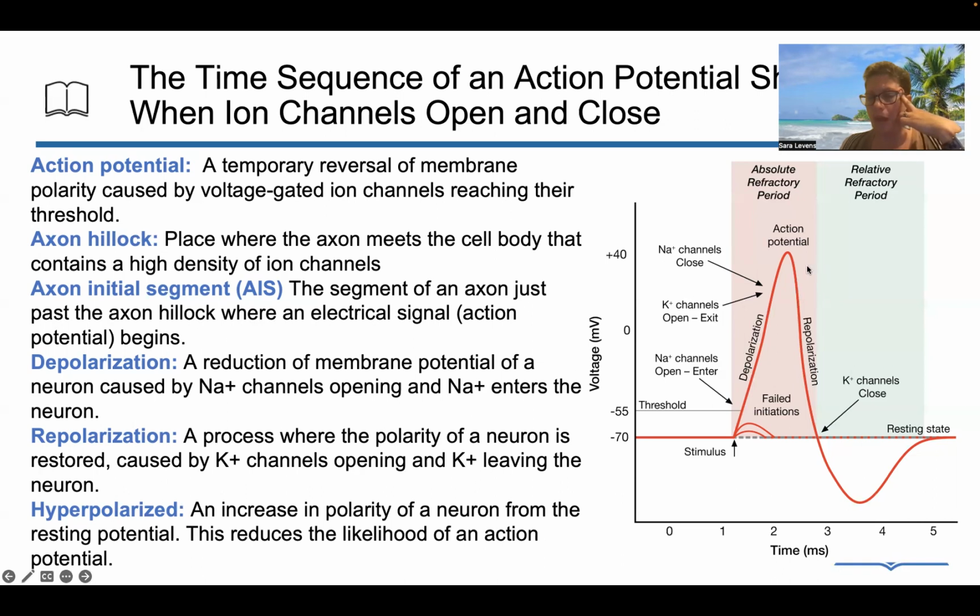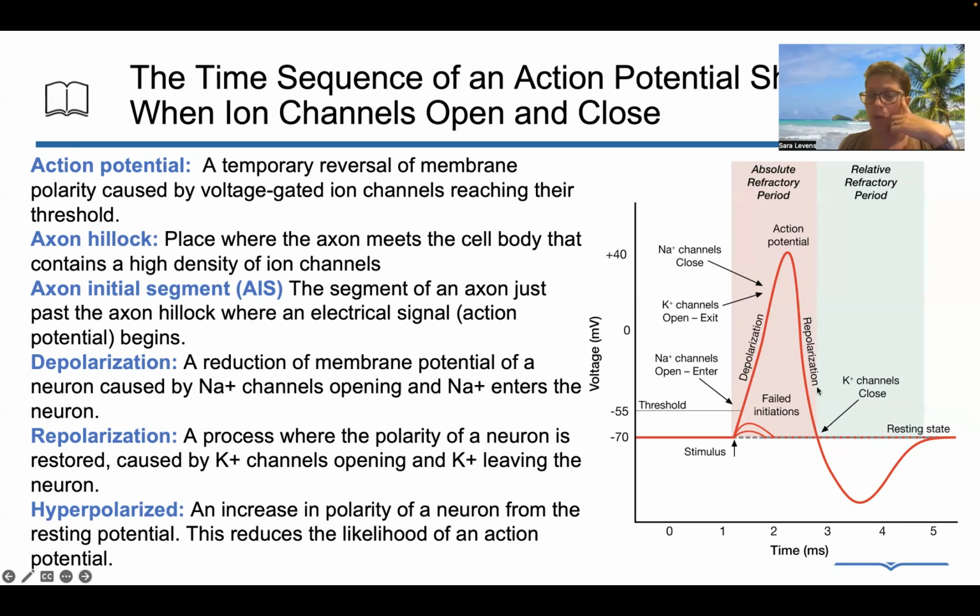And at this time, the potassium channels are open, and the potassium continues to exit, making the membrane potential more and more negative. And then at -70 is when the potassium channels close, and so that returns it to the resting state.